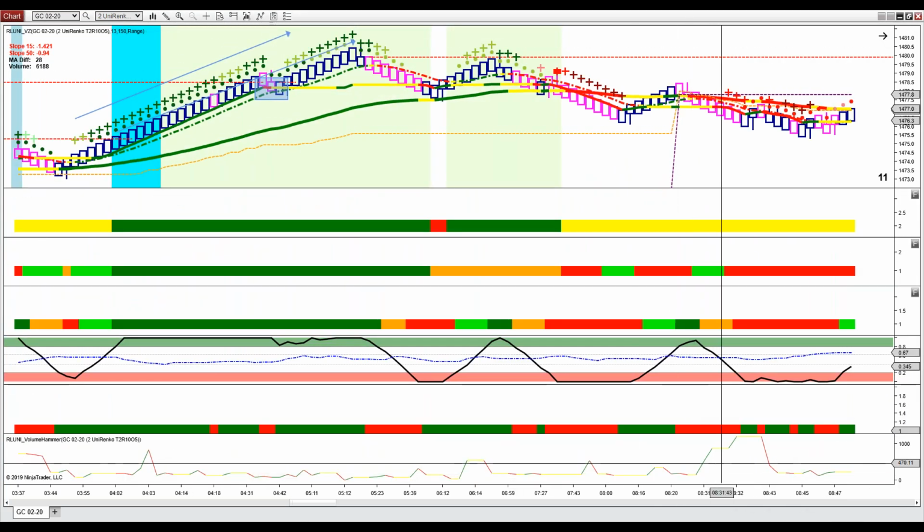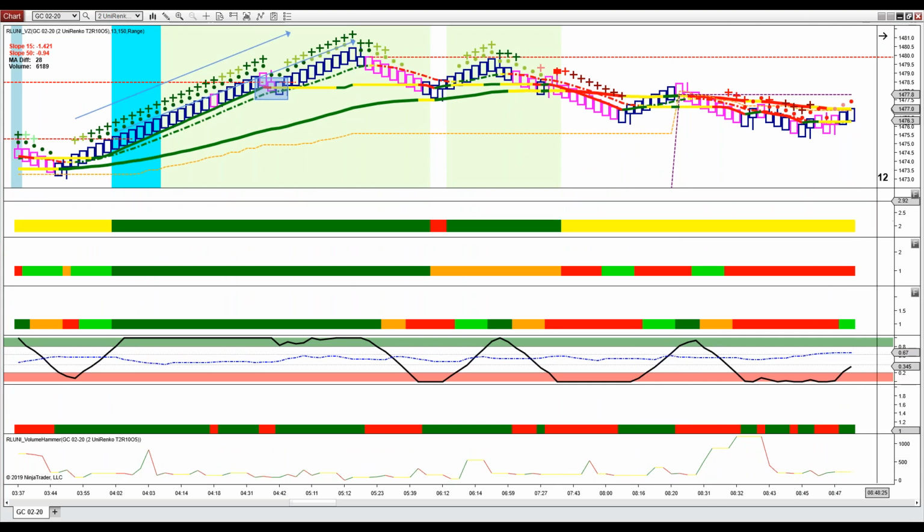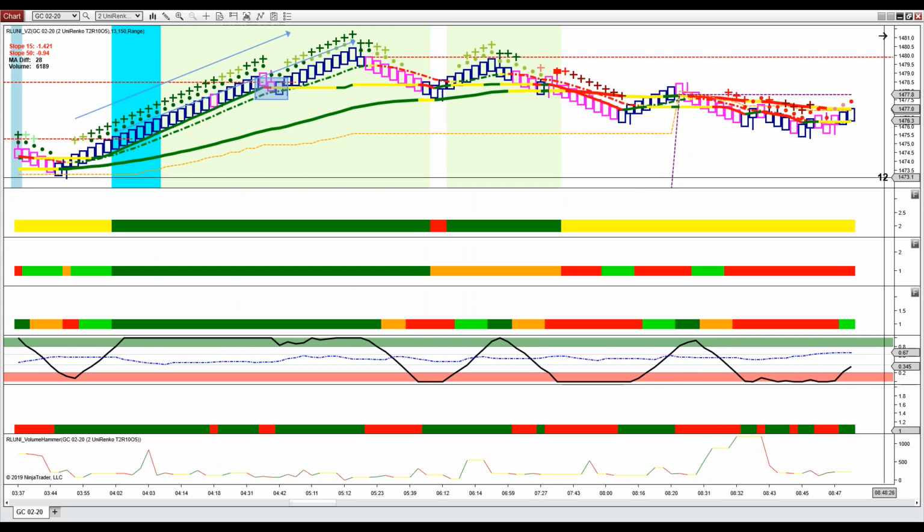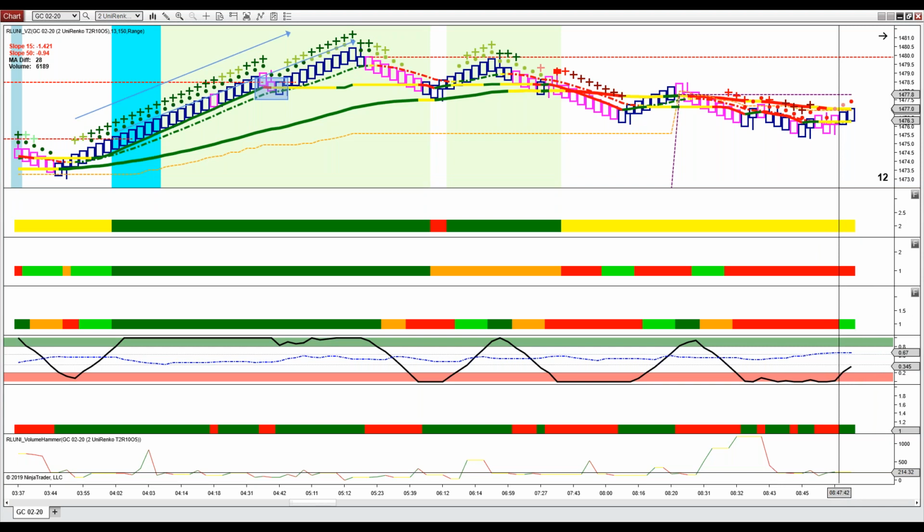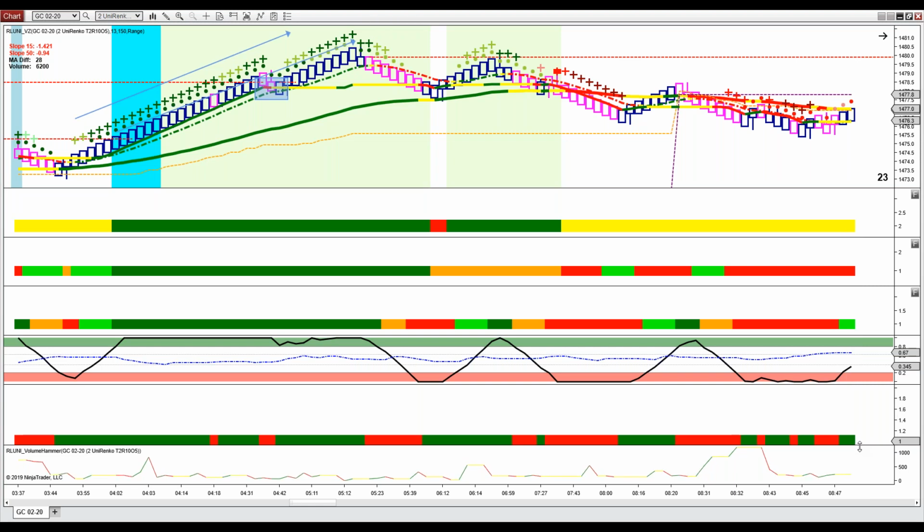Now the volume hammer is a visual representation of this number. It traces out a line every minute. Volume really doesn't have any leading properties. Volume is what it is. But if you want to look back and see how volume was based on every minute, you can.